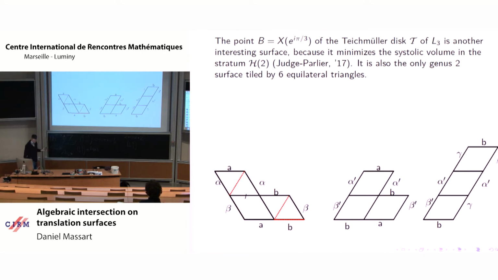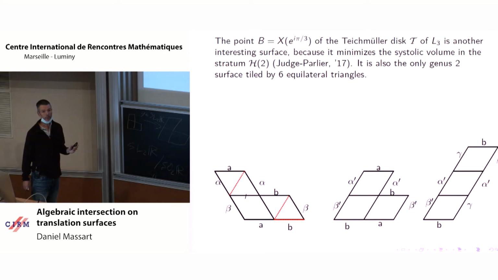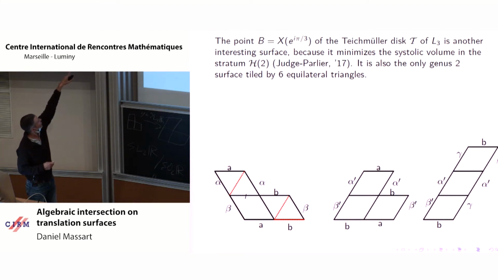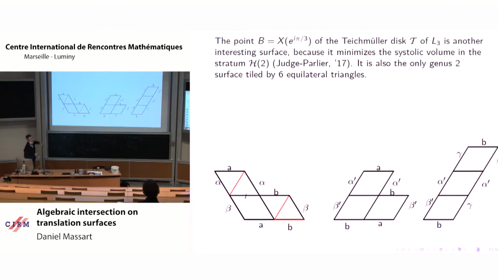And this surface has a very interesting property: it minimizes the systolic volume among all translation surfaces of genus 2 with one conical point. It is called a stratum, the stratum H(2). So it's a recent theorem, it minimizes the systolic volume.